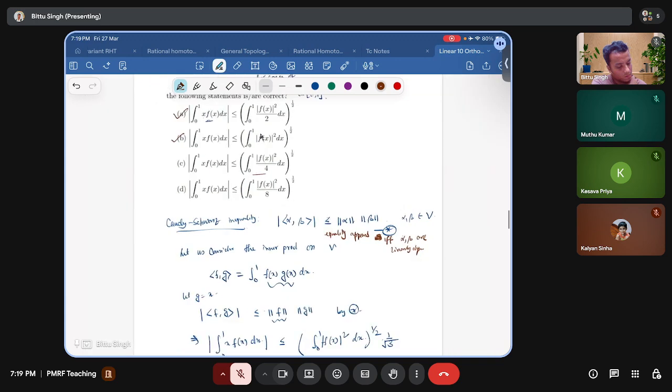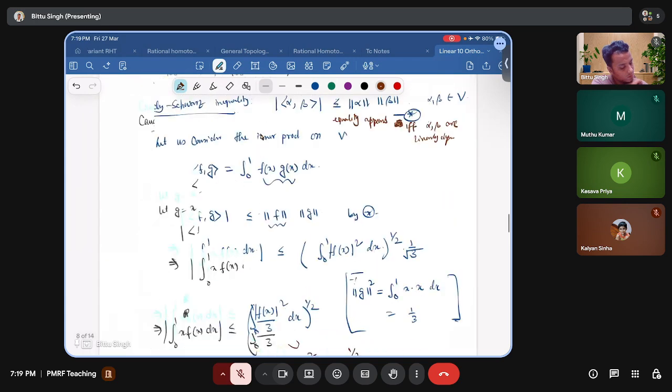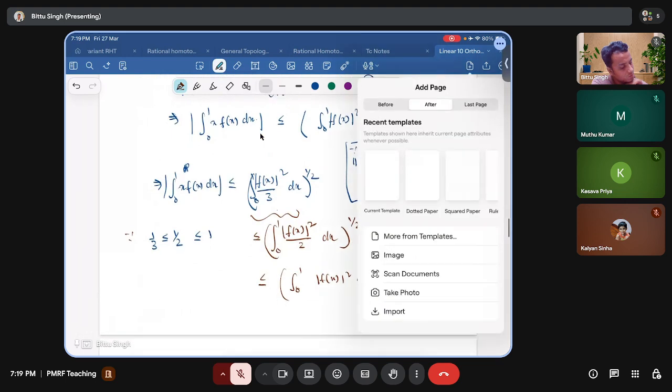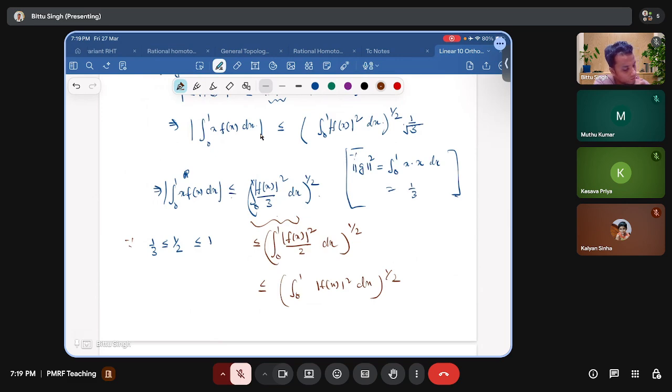So let us see what happens when f(x) equals x. By the Cauchy-Schwarz inequality, theorem or inequality, whatever you say, in addition, we conclude that instead of inequality, there will be equality if we assume f(x) is a scalar multiple of x, right?